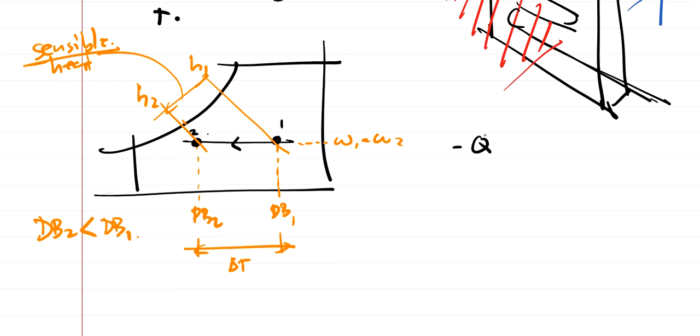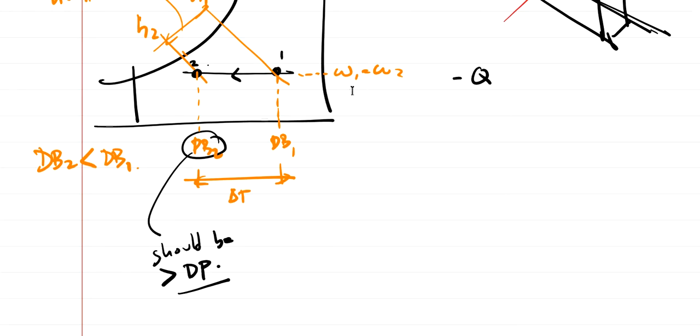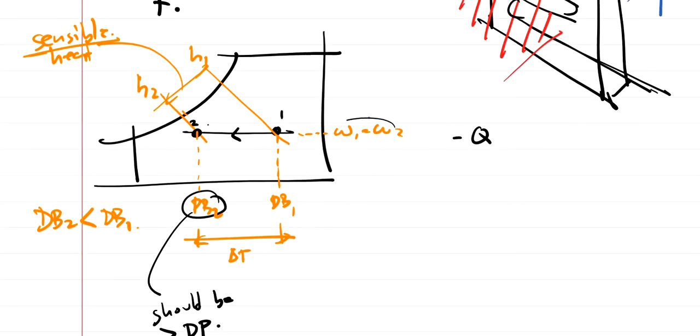And take note that the final dry bulb temperature of the air must be above the dew point temperature, because if it is below the dew point temperature, then some of the water will condense, and therefore the moisture content is not going to be the same anymore.